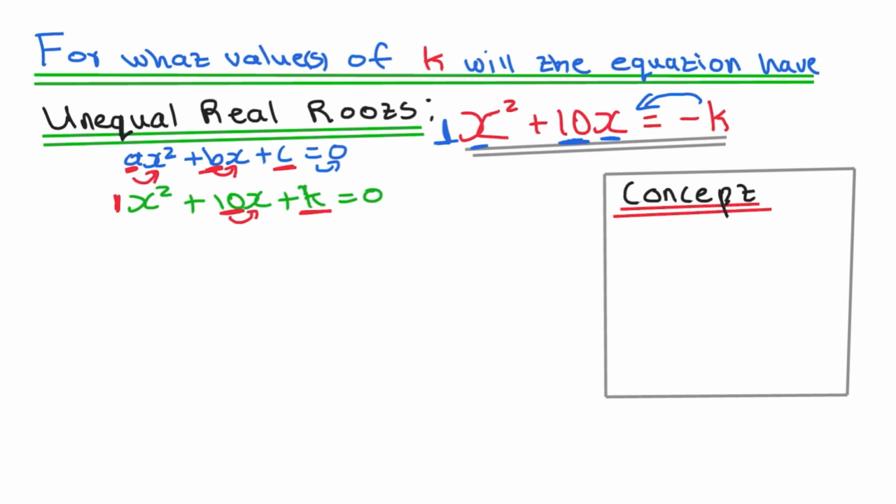A is the coefficient of x squared, which is 1 here. So I will first highlight what I have for a, b, c. A is equal to 1, and b is equal to positive 10. Remember, we also mind the signs next to the number. And then my c is what?